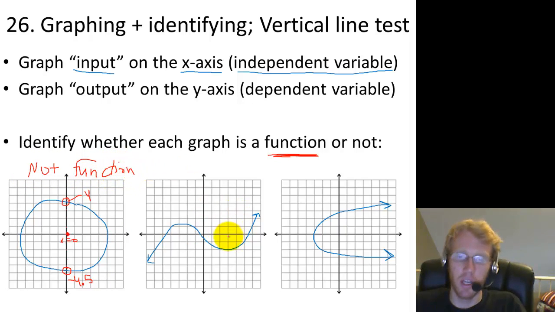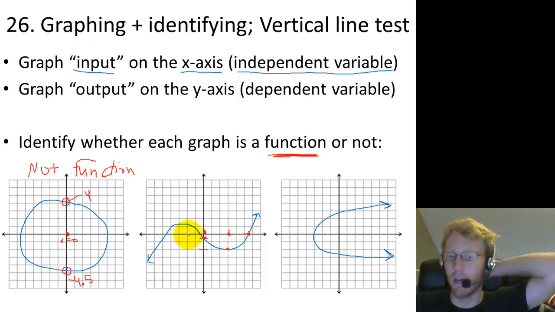How about this one? Let's pick an input. If I input 0, I get out negative 1/2. What if I input a 3? I get out negative 2. What if I input 4.5? I get out 0. So my input is my x value, and my output is the y value here, here, and here.